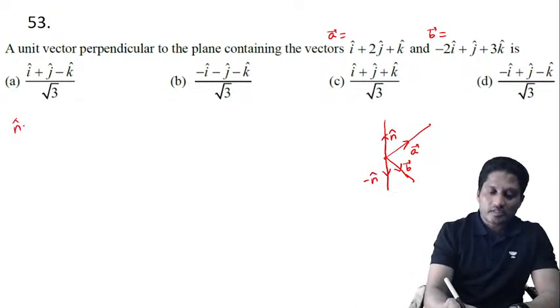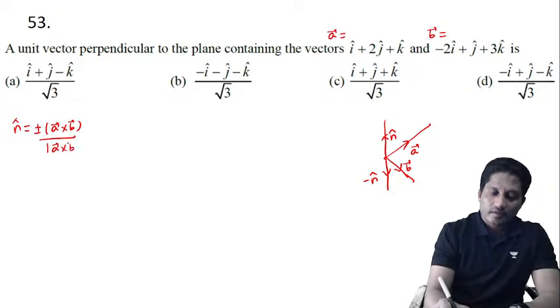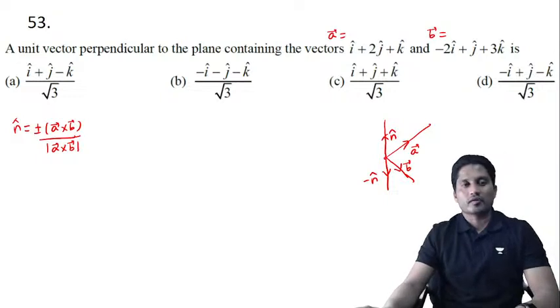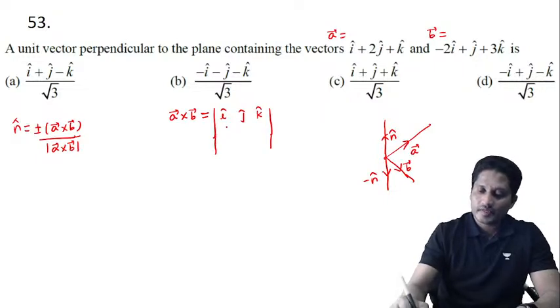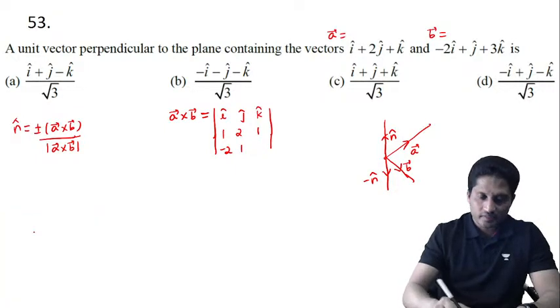Now n cap is equal to plus minus A cross B by mod of A cross B. A cross B is equal to the determinant, you get components of i, j, k. Components of A will be 1, 2, 1, and components of B is minus 2, 1 and 3.